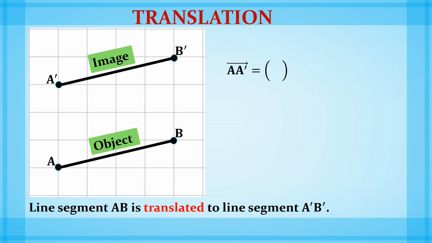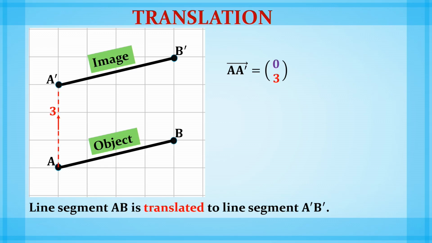Suppose we express the vector AA' in column form. Notice here, there is no horizontal movement from the starting point A. Therefore, the horizontal component of this vector is 0. Next, we look at the vertical movement, which is 3 units upwards, implying the vertical component is 3.